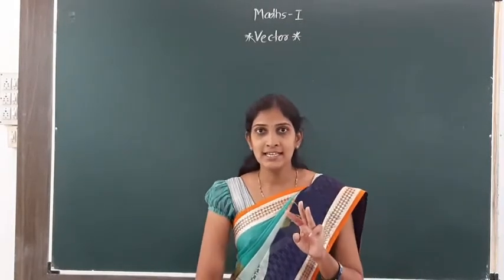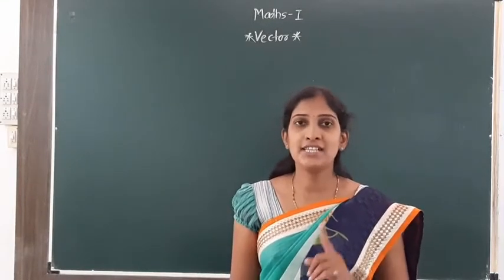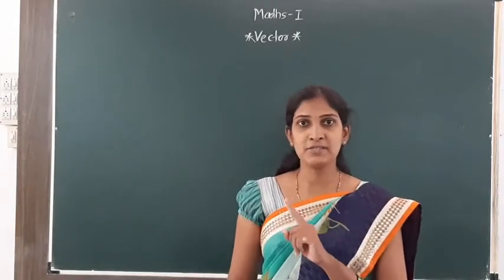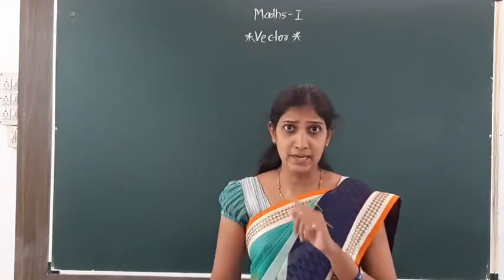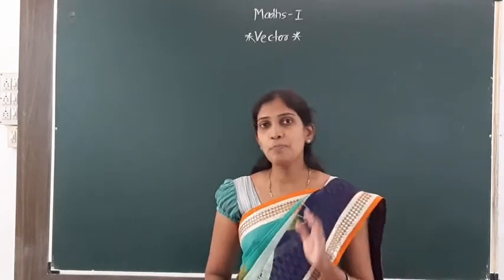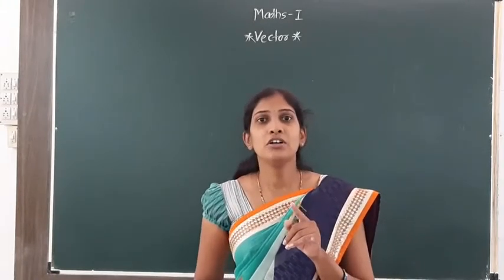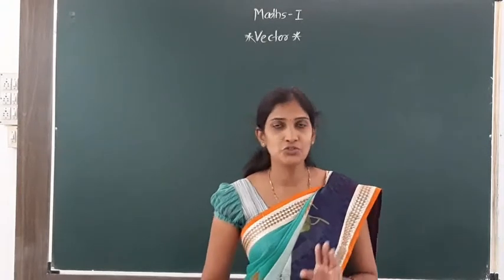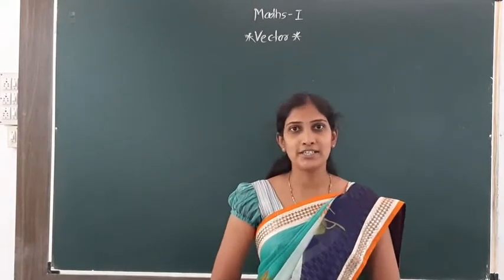And there are three formulas, the relation between direction ratios and direction cosines: l is equal to plus or minus a upon root of a square plus b square plus c square, m is equal to plus or minus b upon root of a square plus b square plus c square, and n is equal to plus or minus c divided by root of a square plus b square plus c square. So these three formulas give the relation between direction ratios and direction cosines.